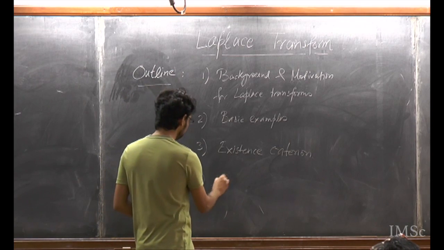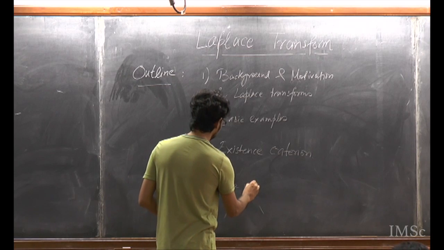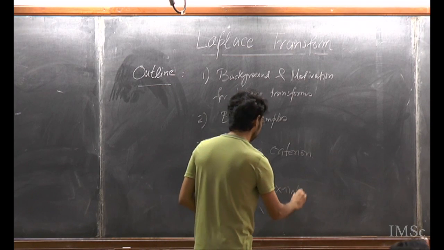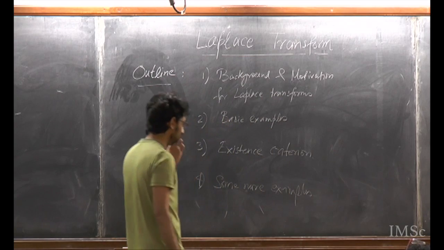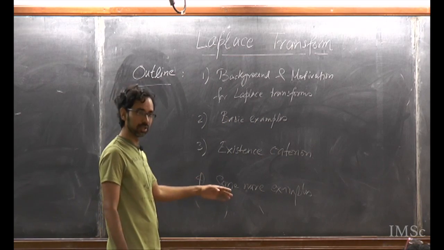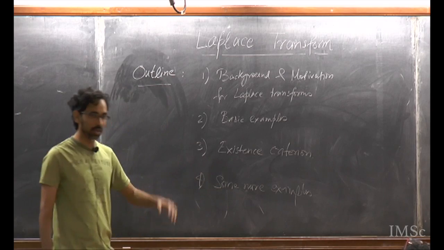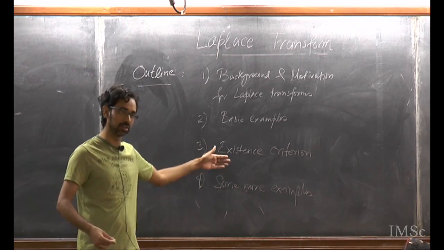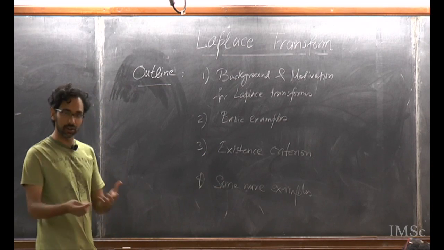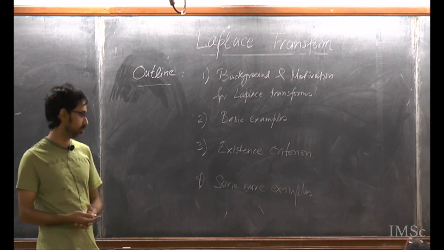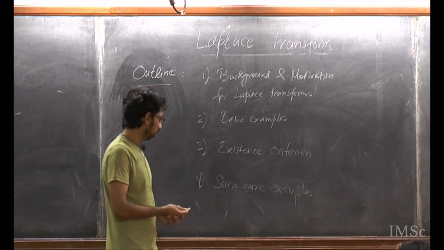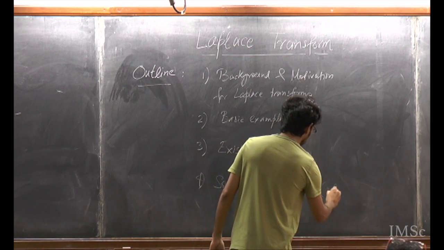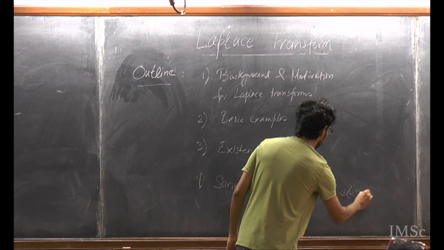Then some more examples. Once we know the existence criteria, we can say that the Laplace transform of a certain function will exist because it satisfies the existence criterion, and then we can try to compute what it will be, for elementary functions.